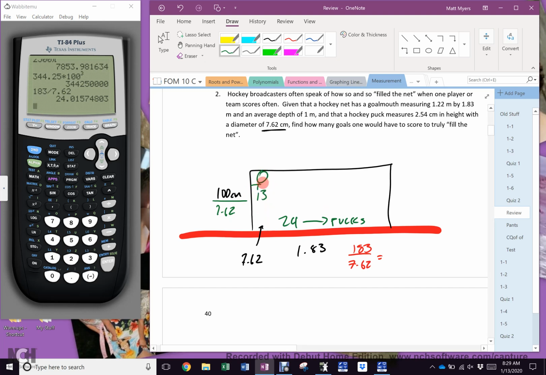So if I got 13 pucks this way, and I got 24 pucks this way, how many pucks are sitting on the ice? What math do I do? What's my width of puck? Multiply. So length and width gets me how many pucks on the ground? 312.